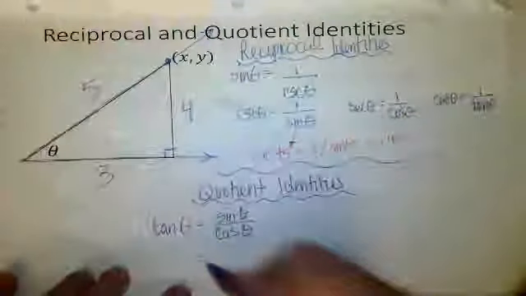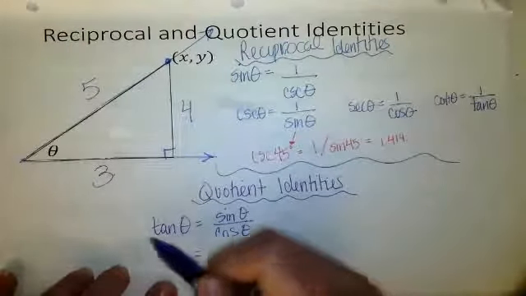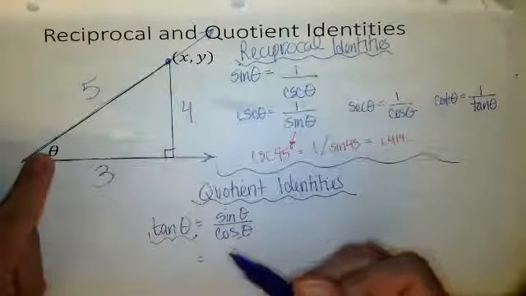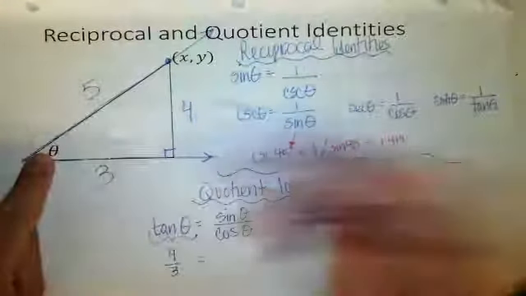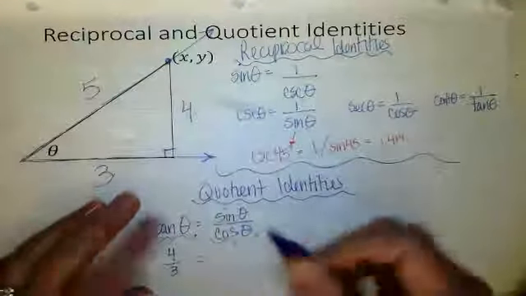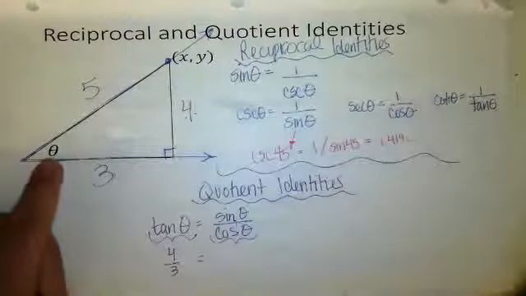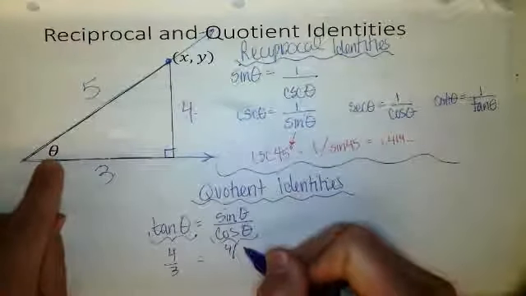What is the tangent according to this angle here? 4 over 3, opposite over adjacent. Good. Now let's work out the right-hand side. In the numerator, what is the sine ratio according to theta? The opposite, 4 over 5.